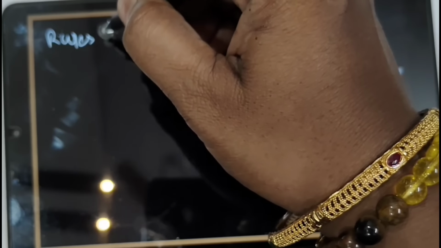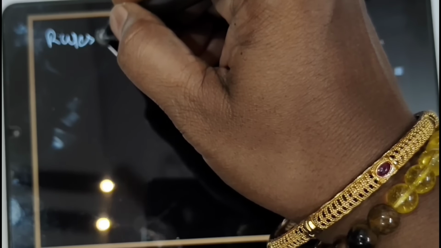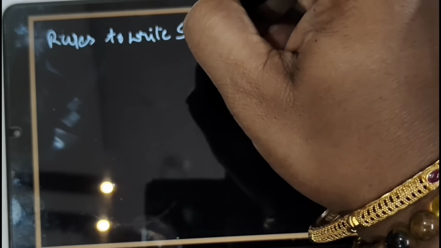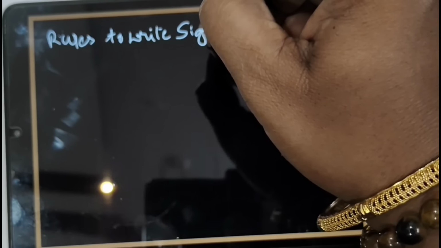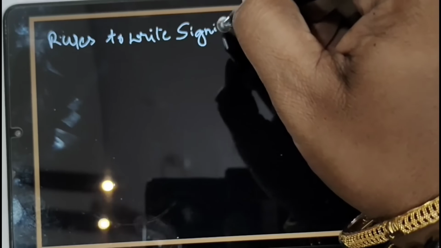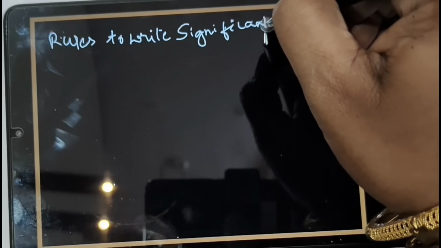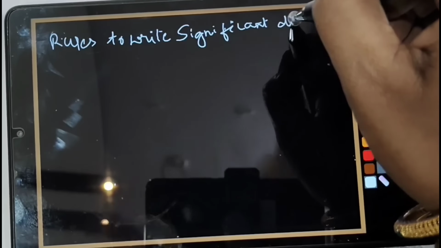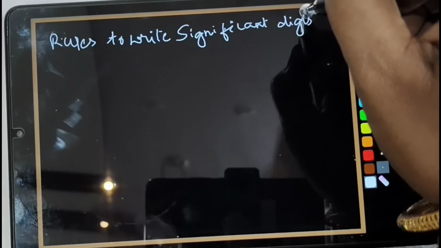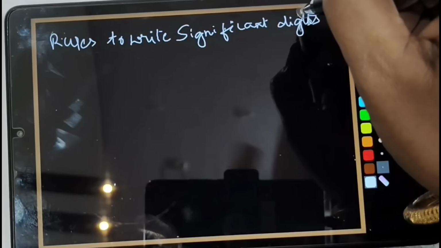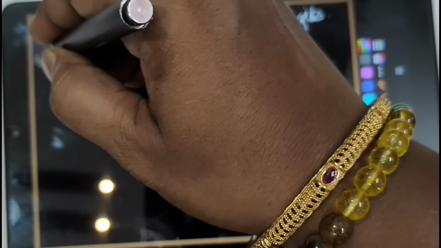Don't miss any point. Rules to write significant digits.